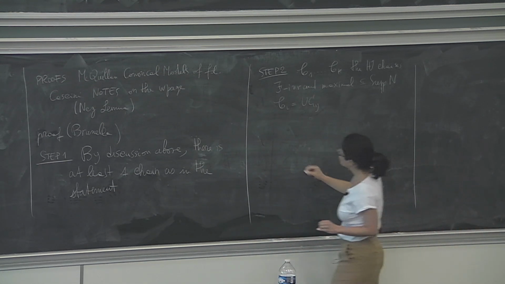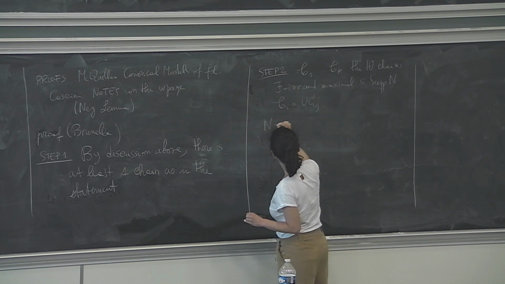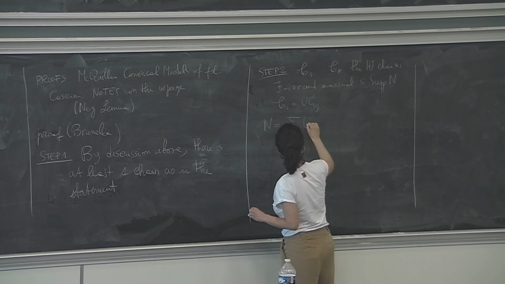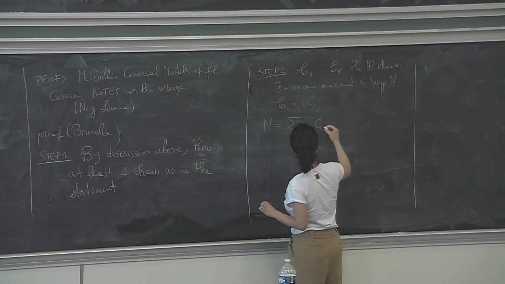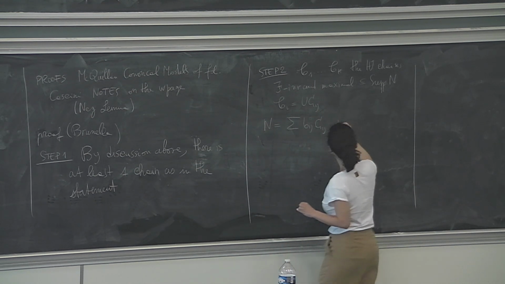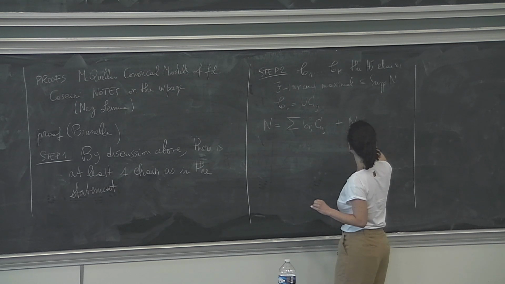So I can write my N as the sum of the part contained in the curly Ci's plus something else.